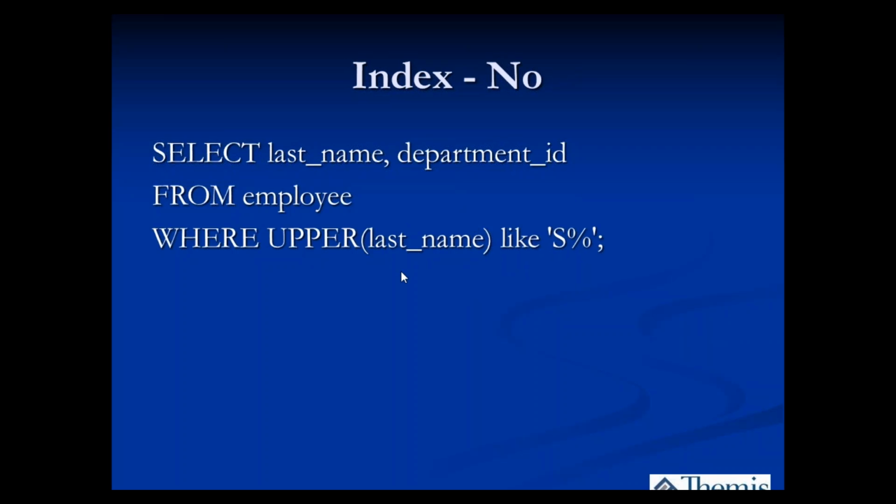However, if it is the leading part, let me go ahead to there real quick, like on this slide here, where last name like, and it contains an S, and I've got that leading either % or underscore on that. That'll also cause the optimizer not to choose the index. Okay, in some cases, it'll still consider using it. In other cases, it'll just automatically disqualify the consideration for it. It won't even think about it in other cases there. So it does matter when we're doing these wildcard searches where those wildcard characters are.